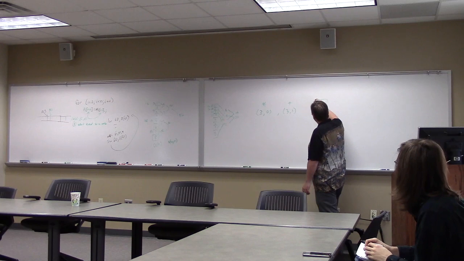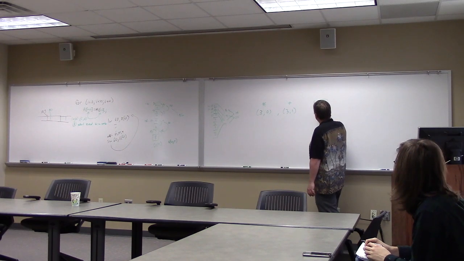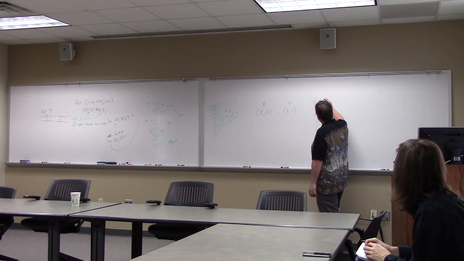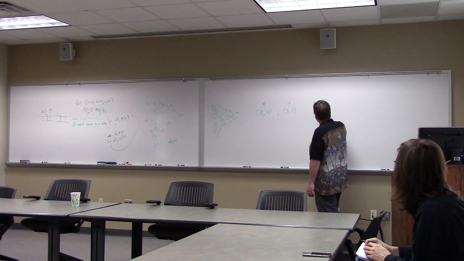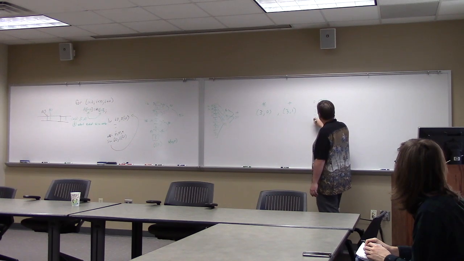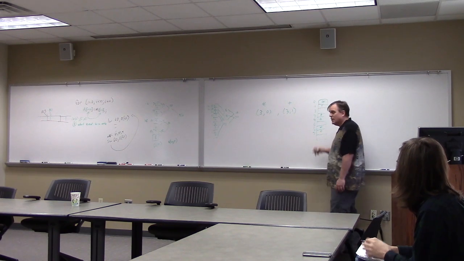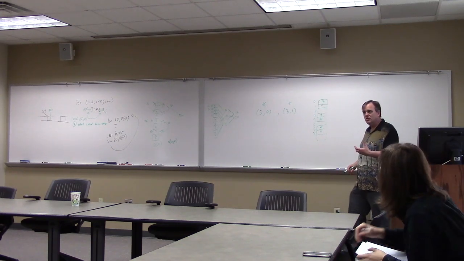So this is 0, 1, 2, 3, so on. Now, this one is a star, and I add 3 to it, so that one is a star. 4, 5, 6. That one is a star, but I've got my pluses.